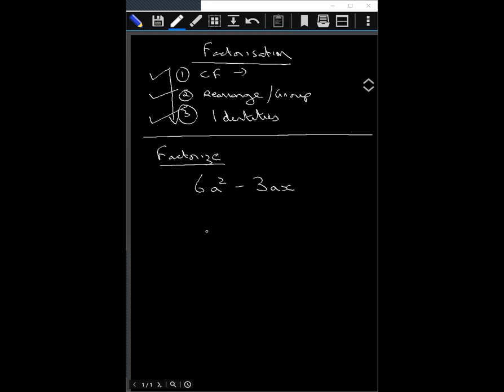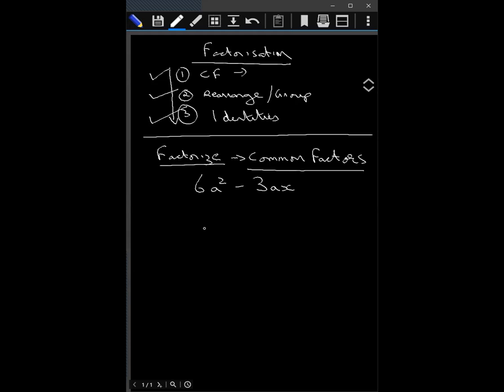Quickly send me your answer. We are doing common factors. We're not going to get into much detail in this because we've already done this in detail in the previous year. Paki, are you not getting the answer?